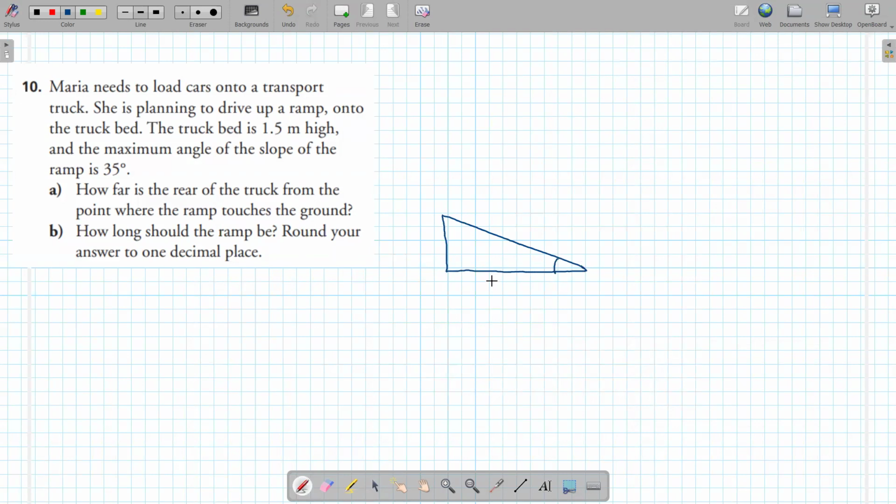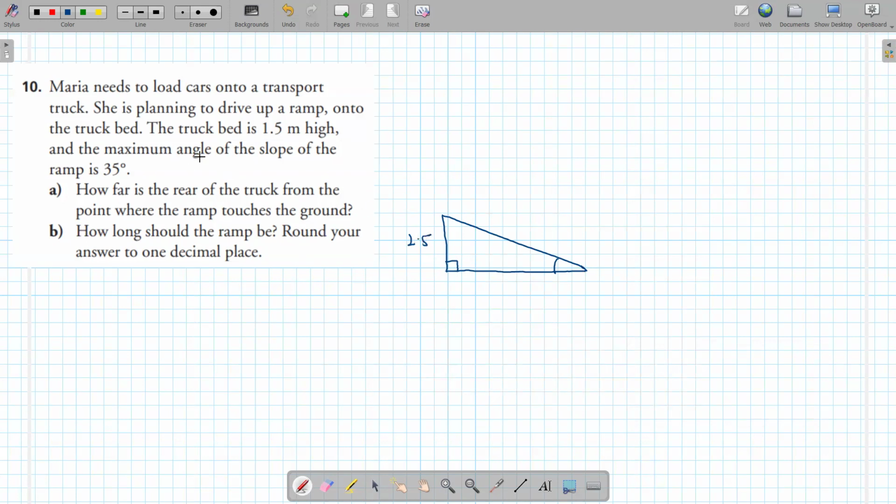So which part of this triangle is 1.5? Remember, the truck is here. So it would be the opposite side of this triangle. If the angle's there, the opposite side is going to be 1.5.